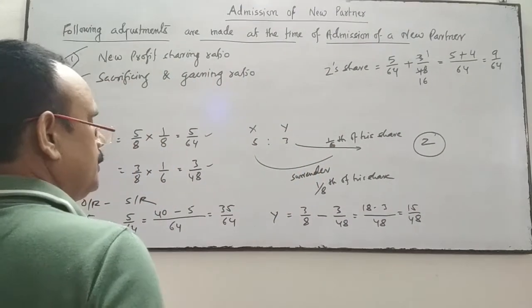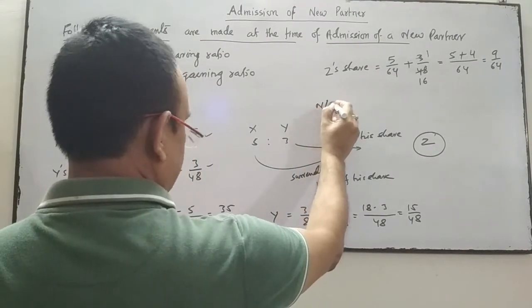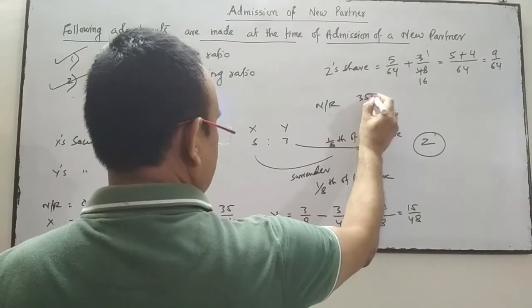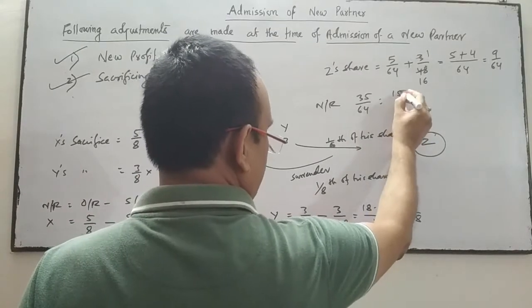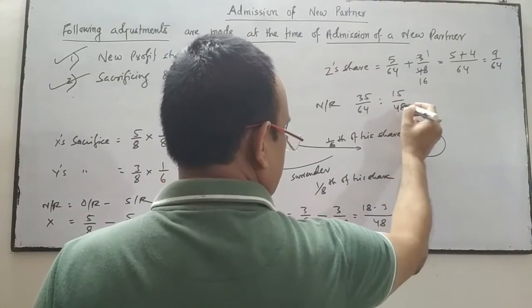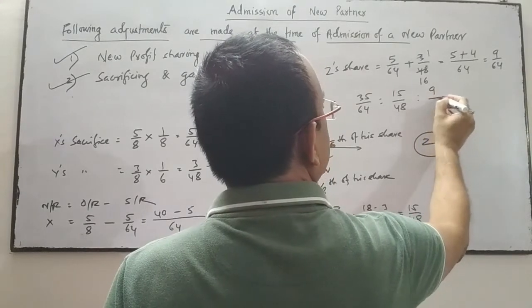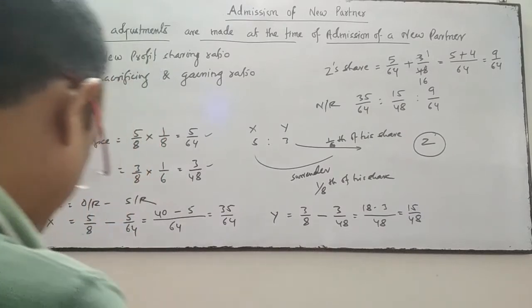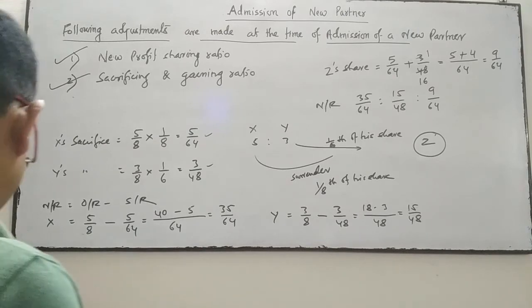So the new ratio will be X 35/64, Y 15/48, and Z 9/64.